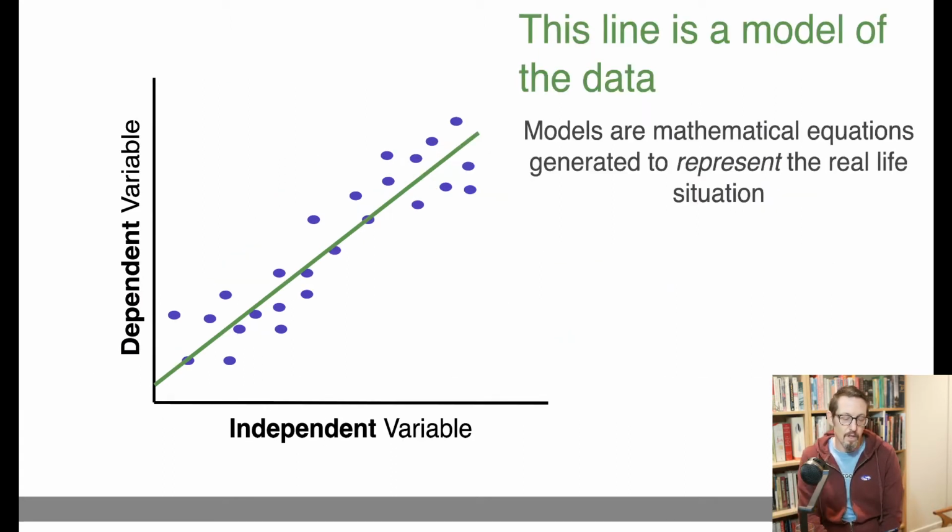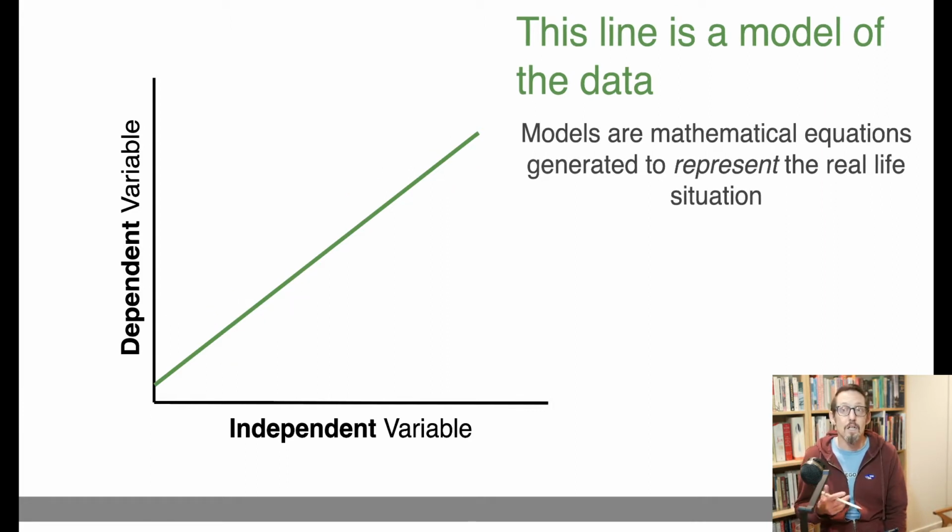Okay? So this line that we're fitting, this line is a model of the data. We're saying that this mathematical representation is going to describe the process that gave us these x's and these y's, whatever that process is, right? So it's independent of the data. You can throw that data away and you have this line that you fit from the data.